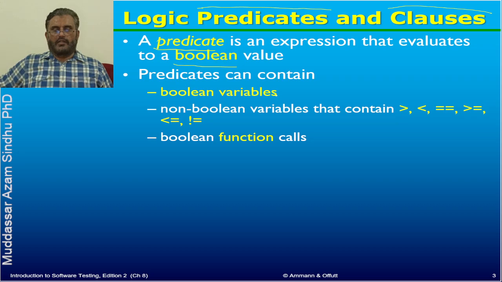A predicate can contain Boolean variables, and it can also contain non-Boolean variables, which will be connected by the relational operators: less than, greater than, less than or equal to, greater than or equal to, and not equal to. And it can also contain function calls.